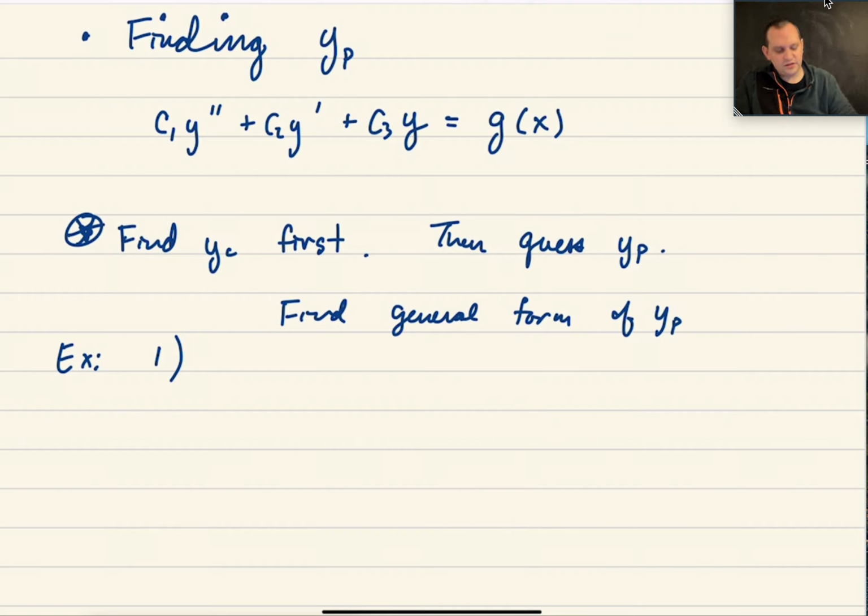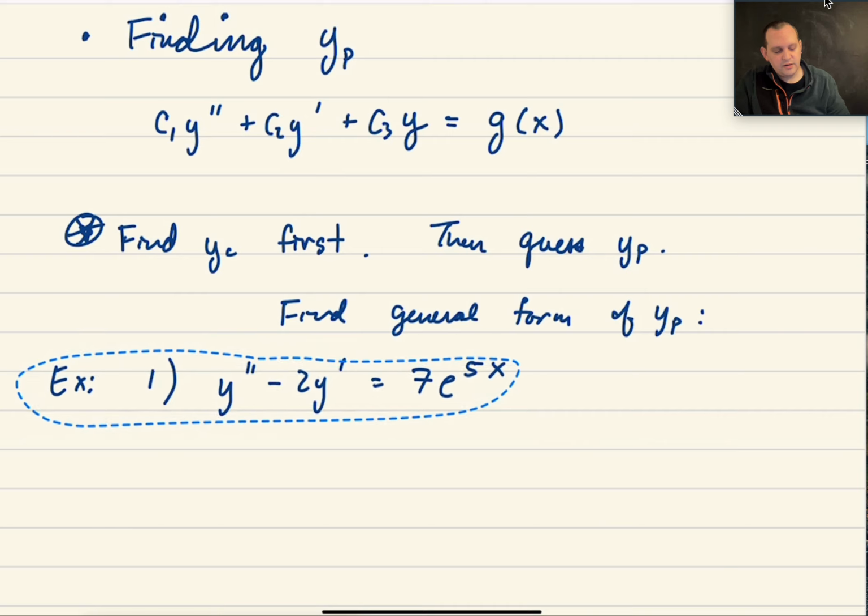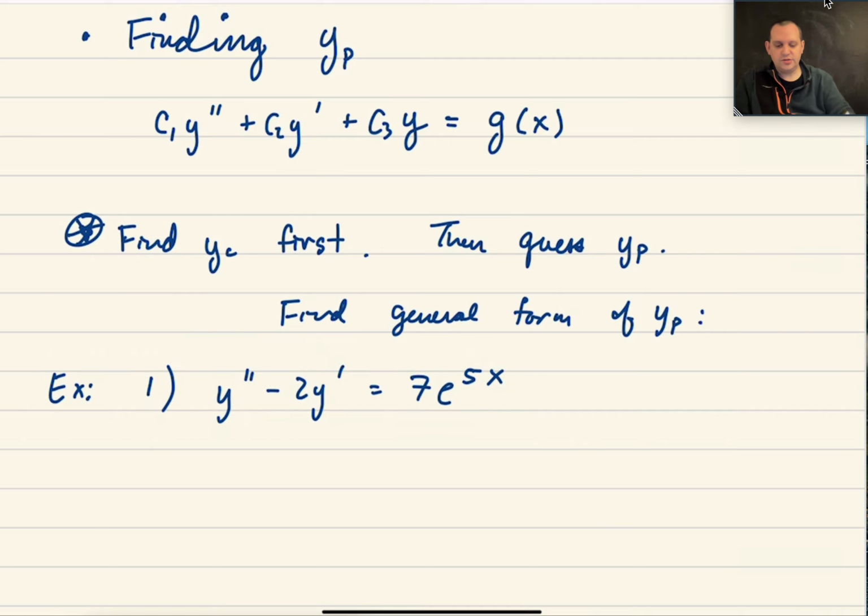So let's look at y double prime minus 2y prime equals 7 e to the 5x. We have to look at this equation and think about what the complementary solution is.